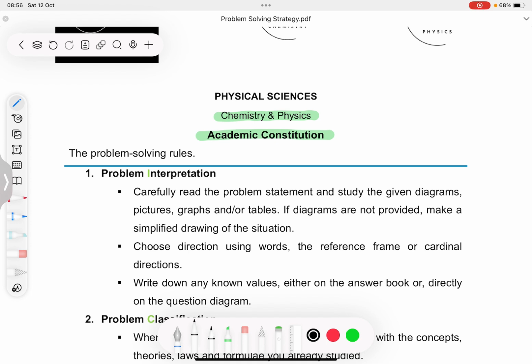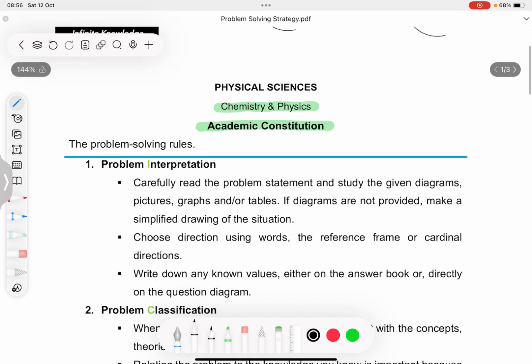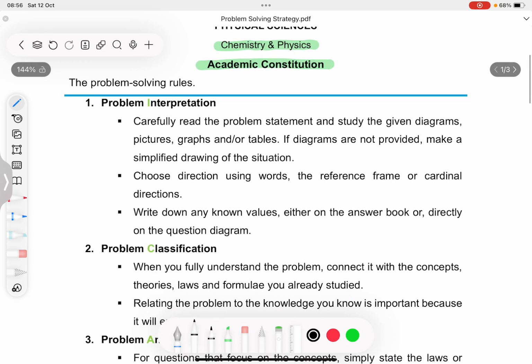So our academic constitution says that the first rule that we need to learn is that of problem interpretation. In this rule, when you approach a problem, you read the problem statement and study the given information.